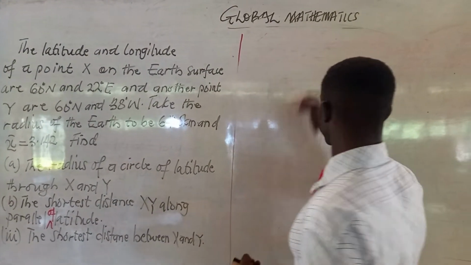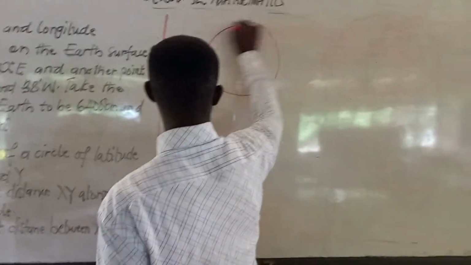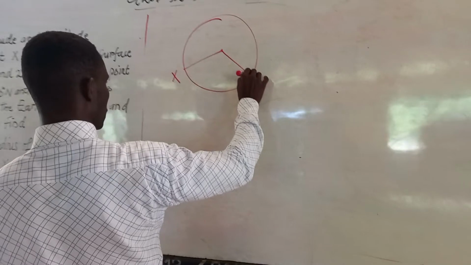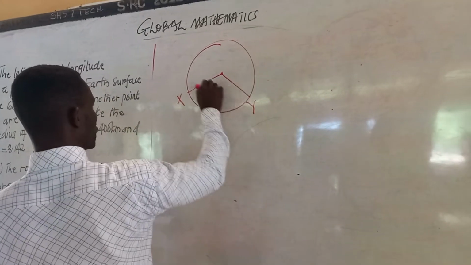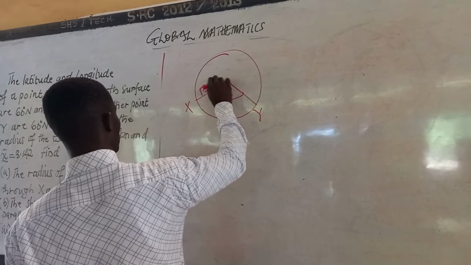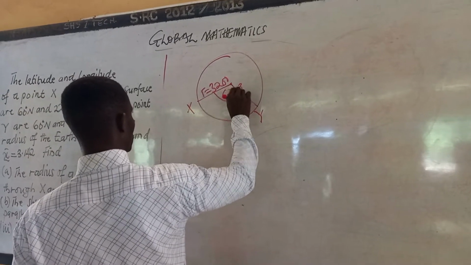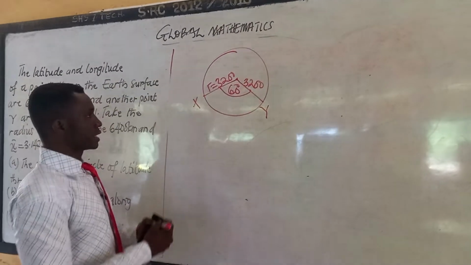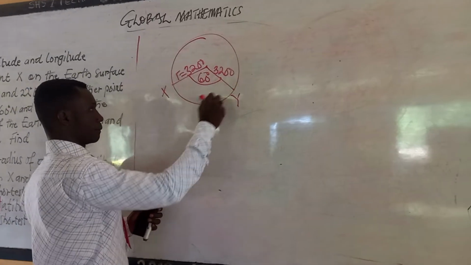The shortest distance. So if you have this circle, X, Y, with here 60 degrees, with the radius, which is 3,200. That's the radius of the circle created by the latitude.